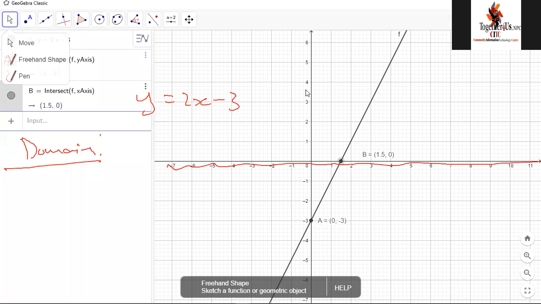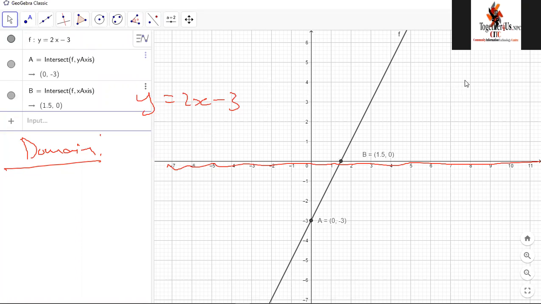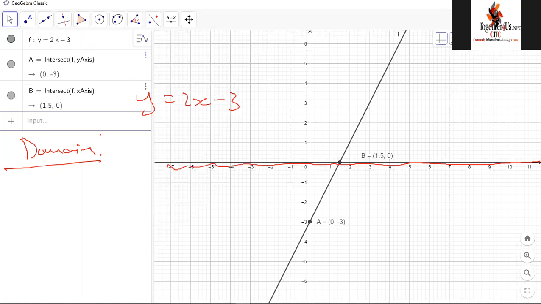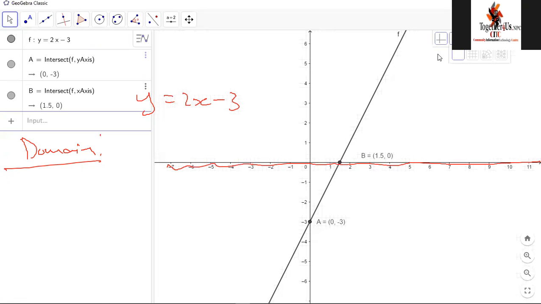In other words, if we go through the Cartesian plane and we look at our set of x values, will we get an answer for the y value? Algebraically, we can see that as long as x is a real number, whether you move from negative infinity to infinity, you will always have a corresponding y value.